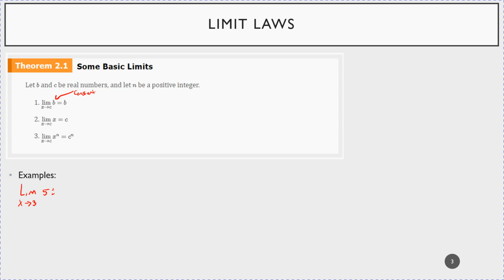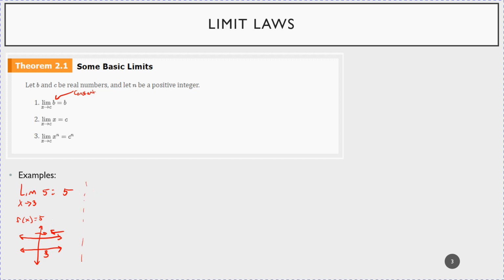My function f of x is equal to 5. If you look at the graph, it would just be a horizontal line. So as x goes to 3, you're just staying at the constant value, 5.